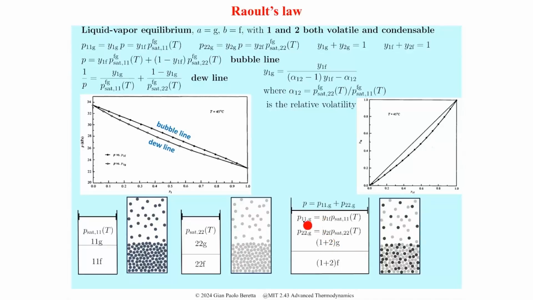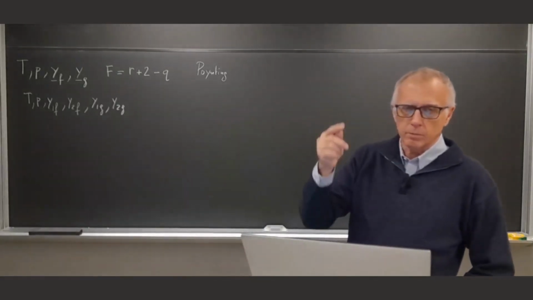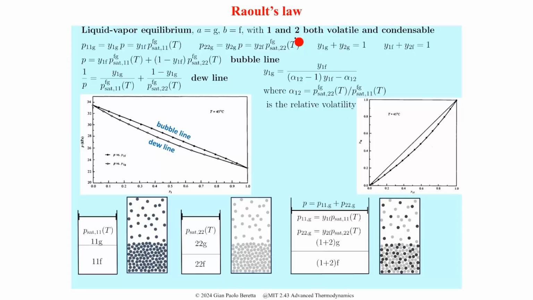Raoult's law says, for example, here we are considering a different situation than the one before, in which not only component 1, but also component 2 can cross phase. So in the FG case, it can be both volatile and condensable.